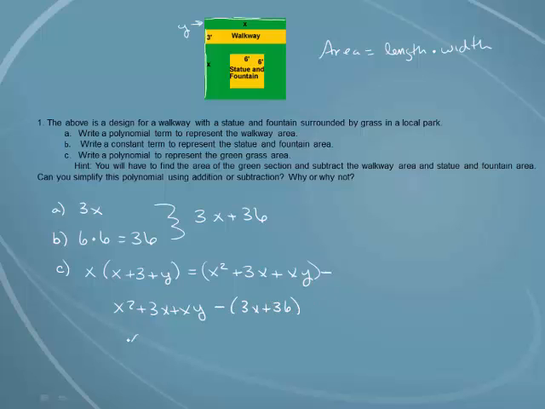This will give me x squared. We're going to distribute that negative to the 3. So I have 3x minus 3x plus xy minus 36, giving me x squared plus xy minus 36, because the 3x and the negative 3x cancel.